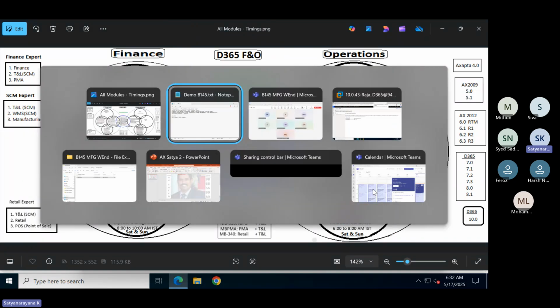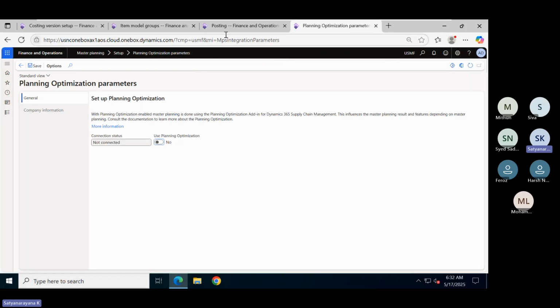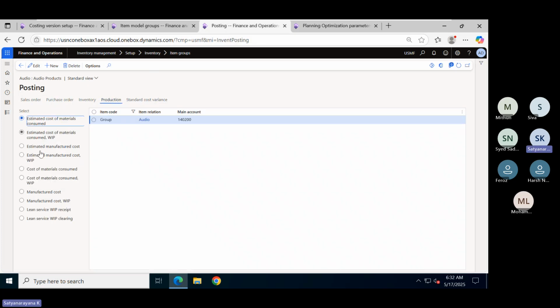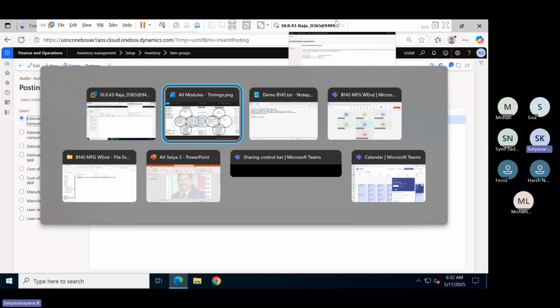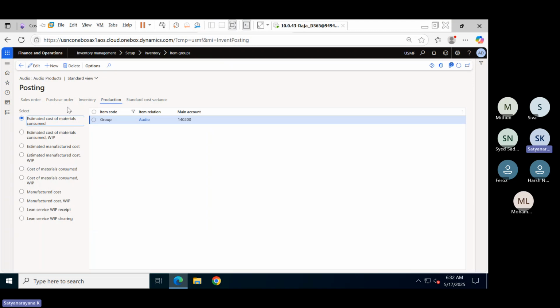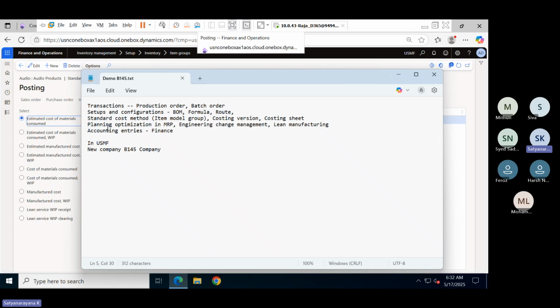So my intention is, whenever we are posting in production, these are the accounts posted. The finance consultant doesn't know about the manufacturing process, so he cannot suggest these ledger accounts. So I will teach you these accounting entries also.